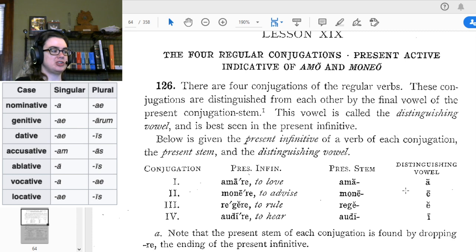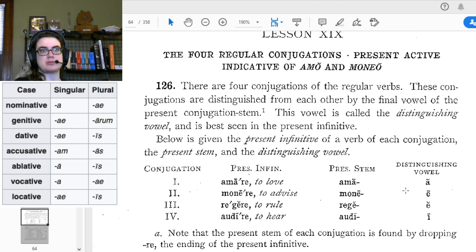The first conjugation is A verbs, the second conjugation is long E verbs, the third conjugation is short E verbs, and the fourth conjugation is long I verbs. There is actually also a fourth -io, which we'll talk about later, I imagine. And then, of course, a handful of irregulars that are going to be very important.